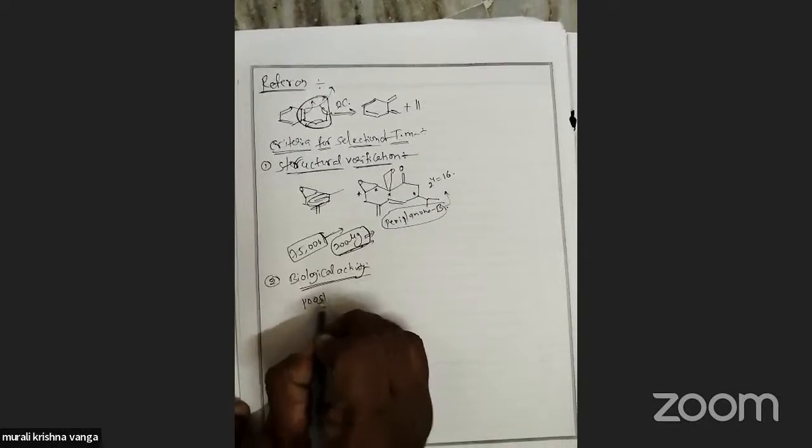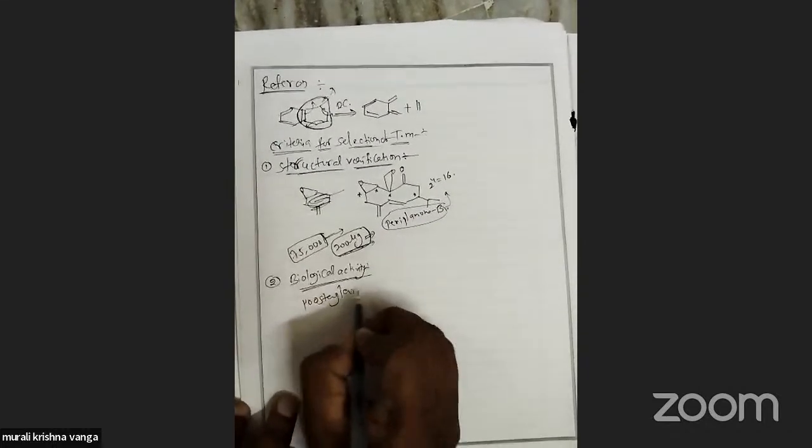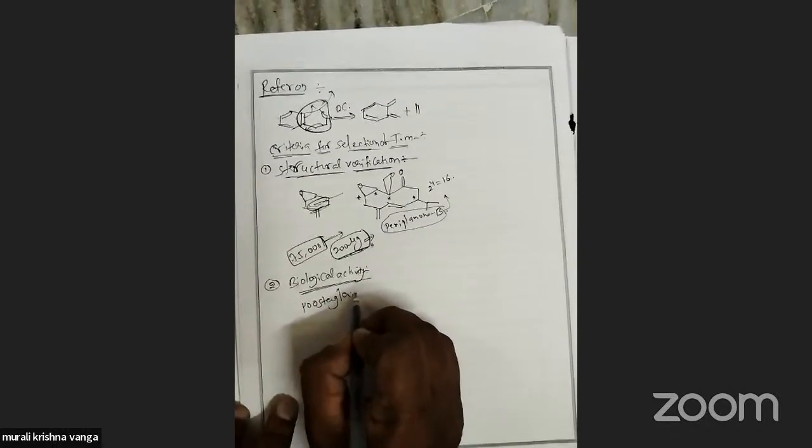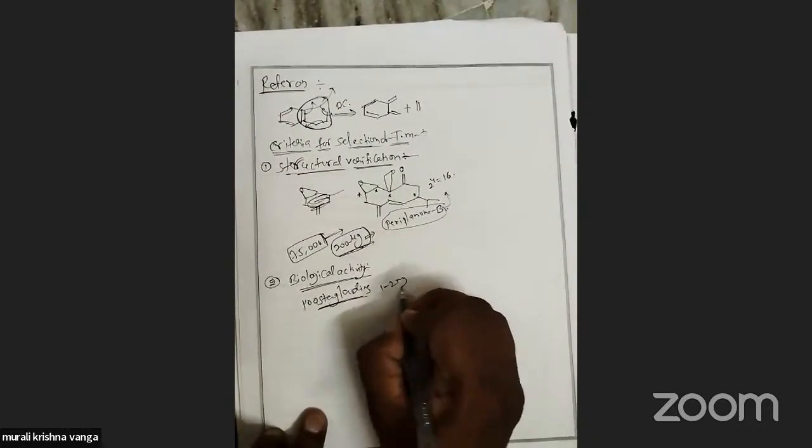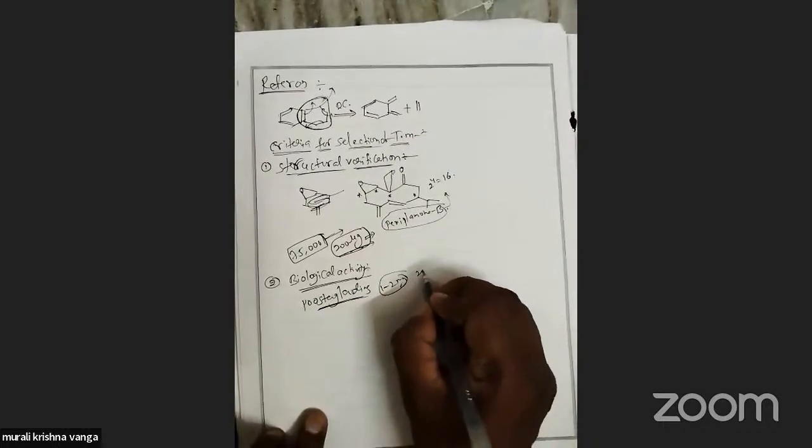The best example is prostaglandins. Prostaglandins are hormones. They release 1 to 2 micrograms in 24 hours.